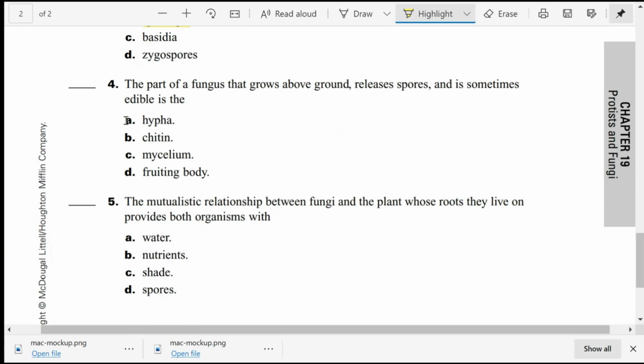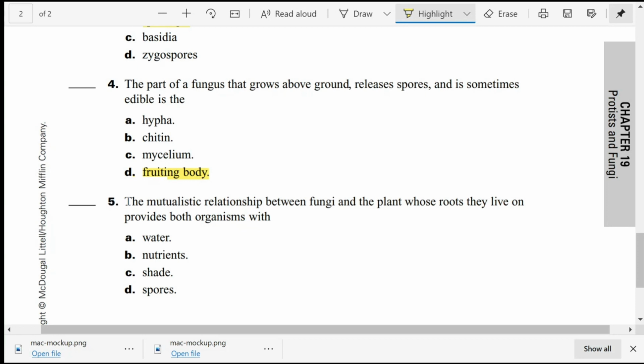Is it A, hyphae; B, chitin; C, mycelium; D, fruiting body? I'll give you 10 seconds to think about the answer. Yes, I'm listening, you're saying the fruiting body. The mushroom that we are eating is considered the fruiting body.